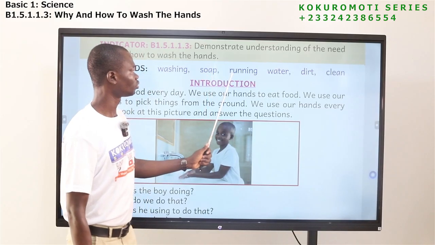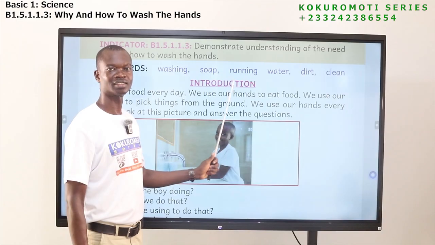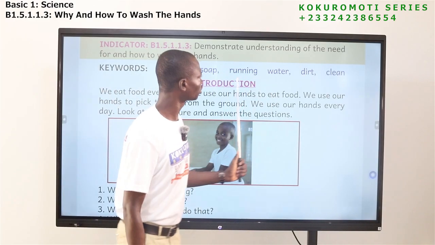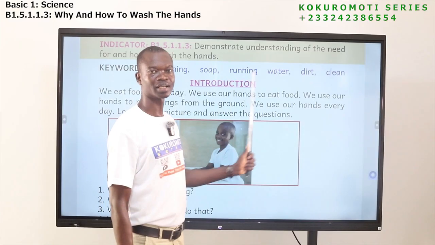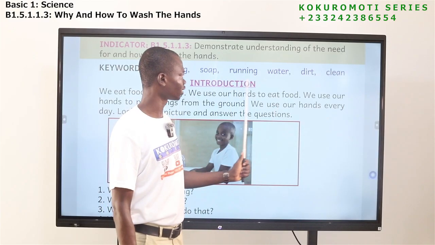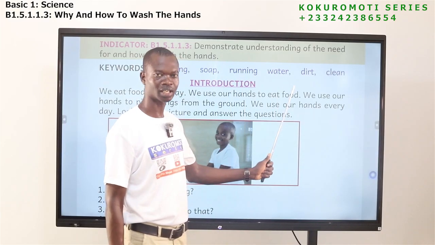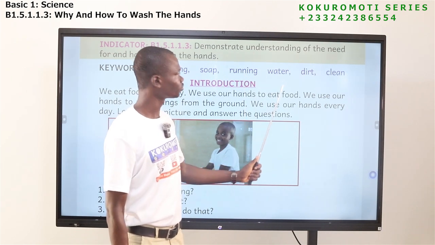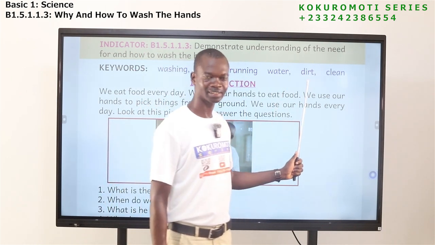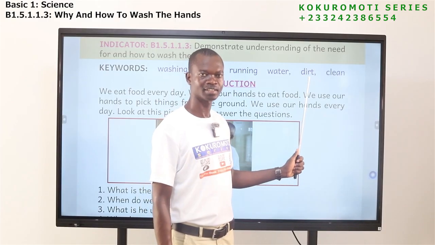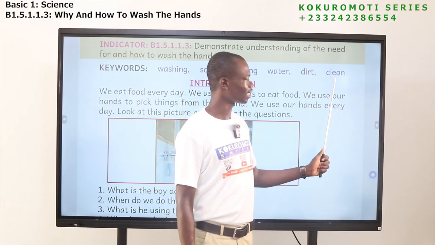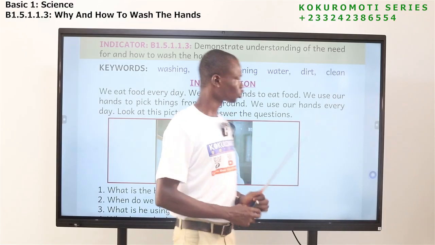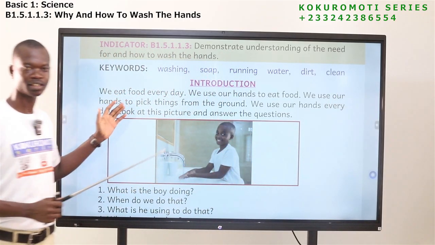We have running, and running water. This is running, this is water. The next word is dirt, dirt. The last one is clean, clean. These are the words that we will see in the lesson.